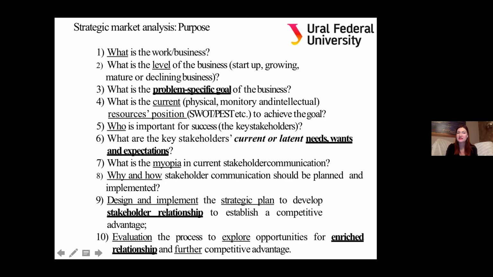Important question is why and how stakeholder communication should be planned and implemented. And also strategic plan to develop stakeholder relationship to establish a competitive advantage. Always don't forget to evaluate the process to explore opportunities for enriched relationship and further competitive advantage.